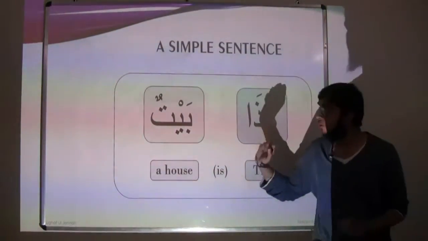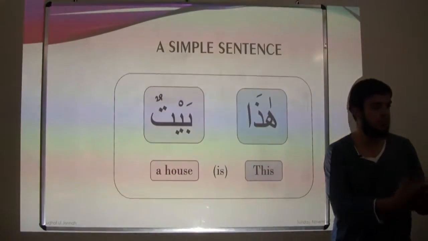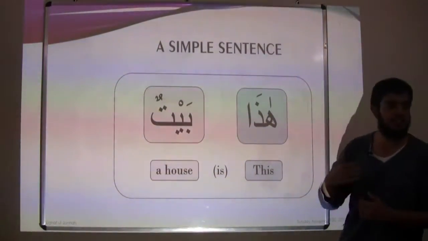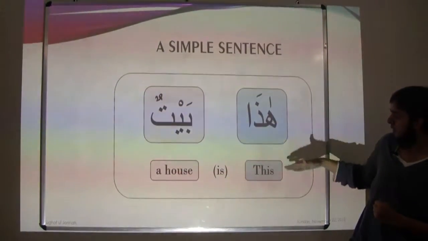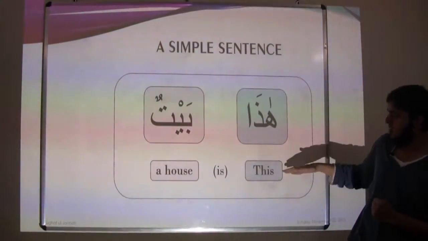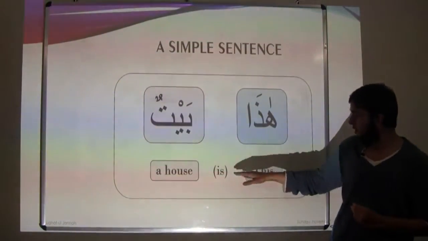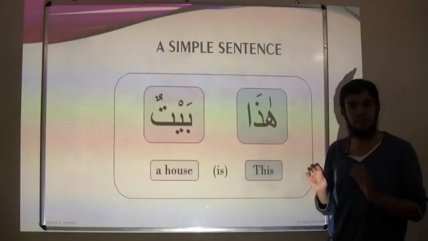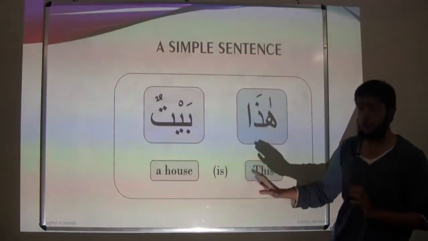We also learned a few simple sentences last time, like hadha baitun, hadha masjidun, and so on. This is how you would translate from Arabic to English. For example, hadha, the literal translation is this, and baitun, a house. So "is" does not have an equivalent in Arabic. In Arabic, we don't have an equivalent of "is".